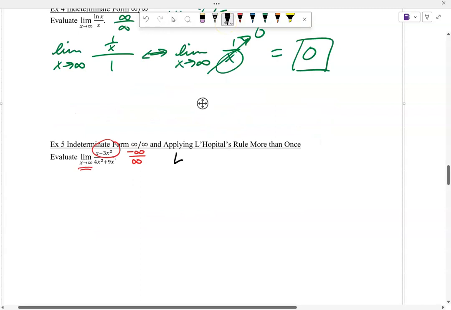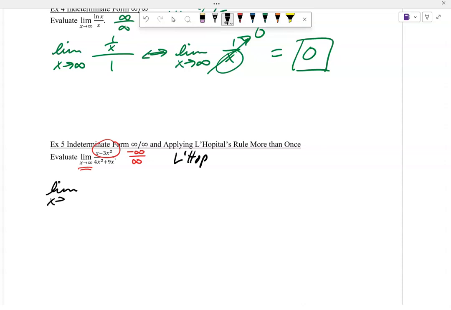So L'Hopital: limit as x approaches infinity. The derivative of x is 1, minus 6x, all over 8x plus 9. Now notice as this goes to infinity, we've got a negative infinity over a positive infinity here. And so we're indeterminate in form again.